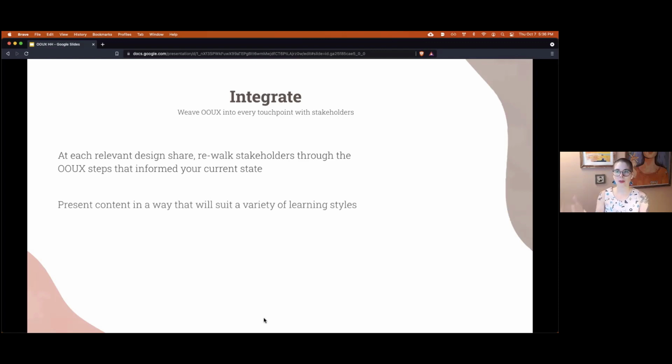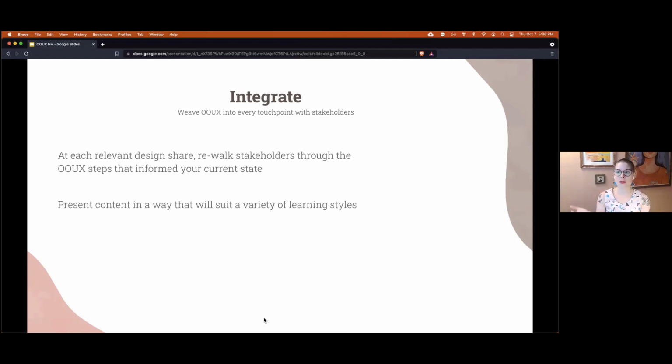And then I also wanted to recommend presenting content in a way that suits a variety of learning styles. This is not true to just OOUX, but I think giving examples that are not only local context, so specific to your individual product, but also global context. So that illustration of all of the things I have to brush is a way to make it stick and memorable.